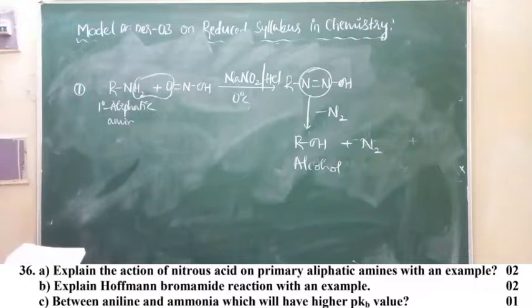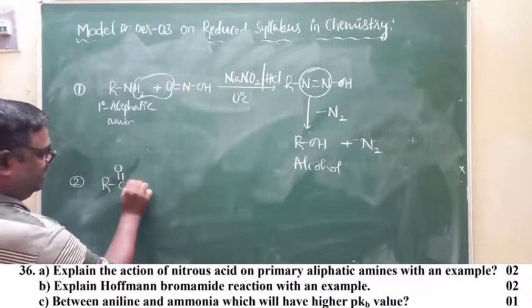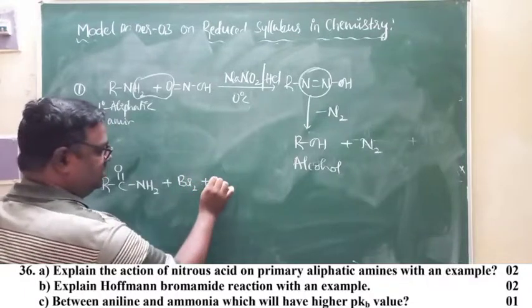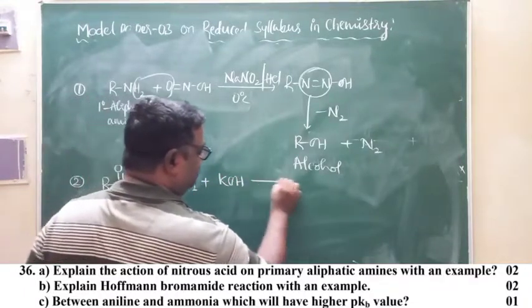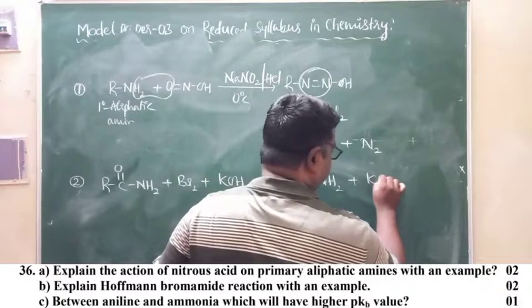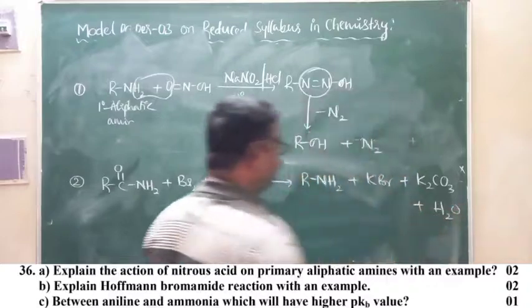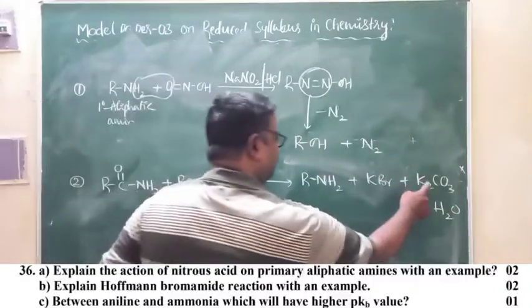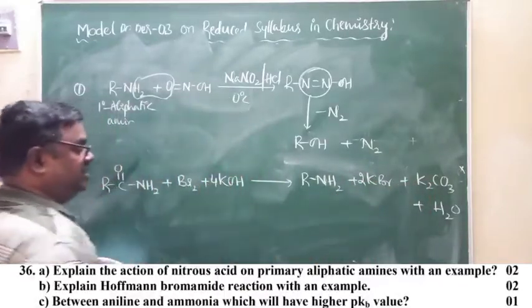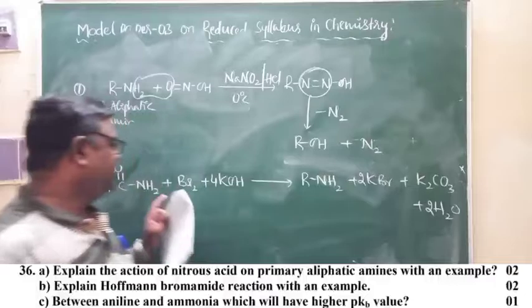It is the reaction where amides are converted into primary amines, that is RNH2, and of course 2KBr plus K2CO3 plus H2O. Look here, there is KBr2, so here 2KBr is formed. Since potassium is 4, it becomes 4KOH. Since oxygen is 5, it becomes 2H2O.